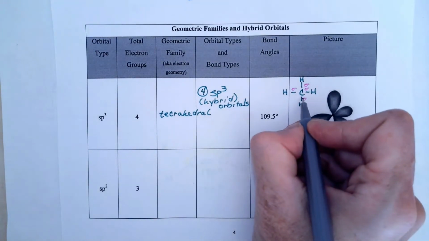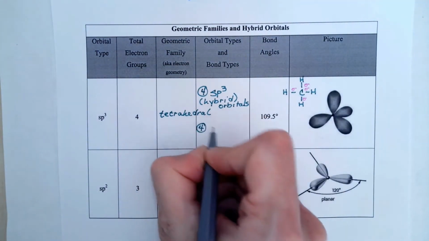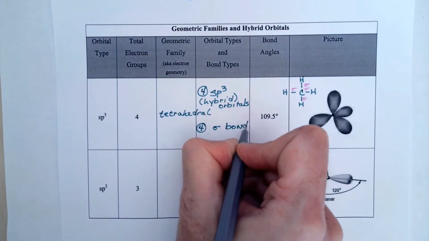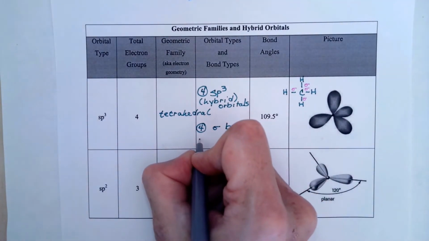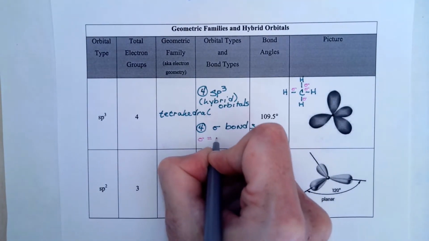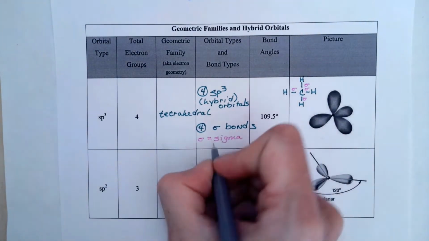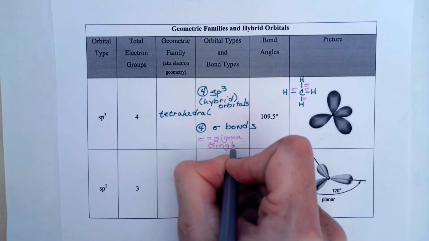And then we're going to have 4 single or sigma bonds. And let me make a note about the sigma bonds. So this is sigma, and I think of the S's. So sigma starts with an S, and single starts with an S.